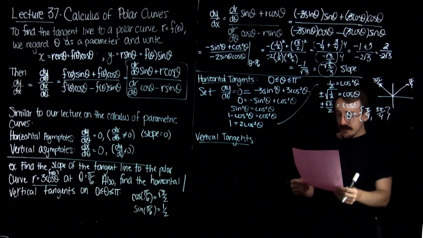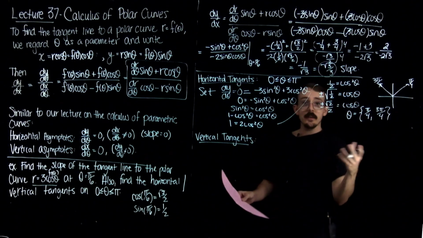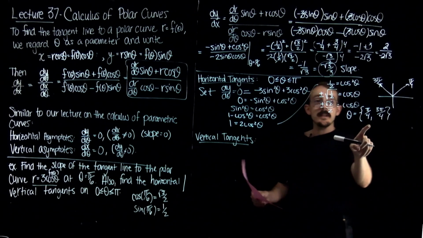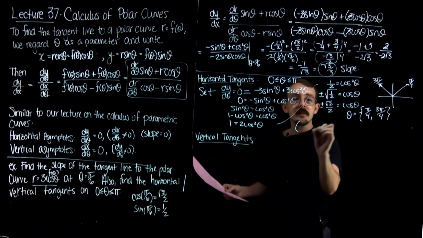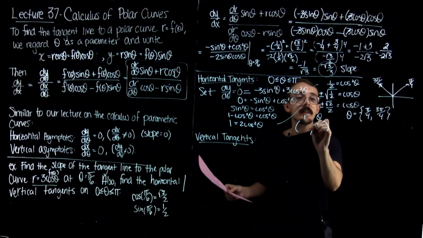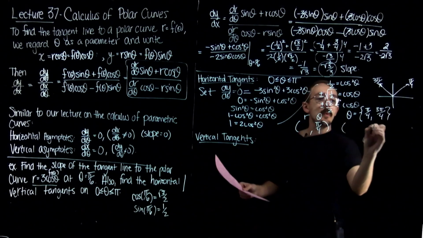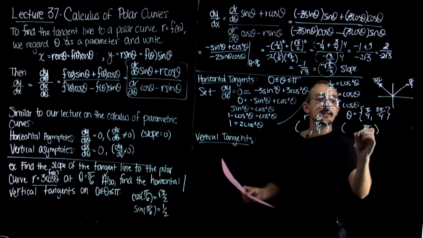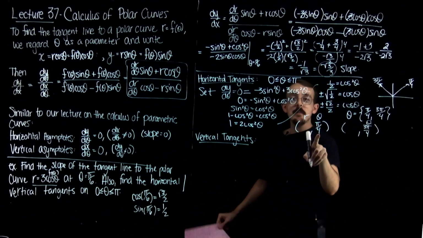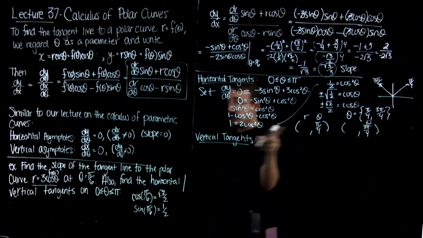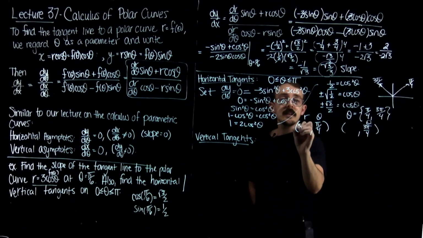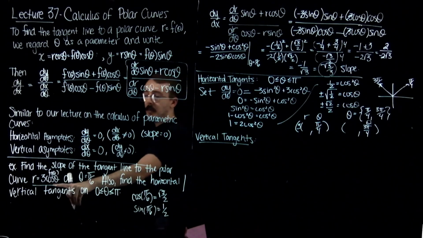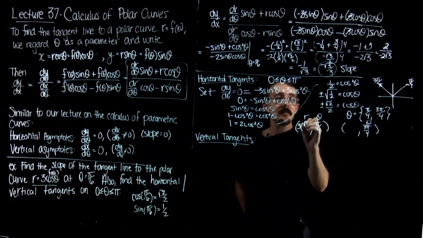And then what does this tell me about the coordinate? To write the final coordinate of where the horizontal tangent occurs, I need to find the r value, right? So here are the 2 points where you have the horizontal tangents. If you plug in pi over 4 into the original curve, you get 3 times cosine of pi over 4, which is root 2 over 2.